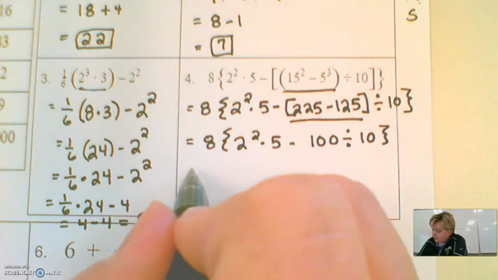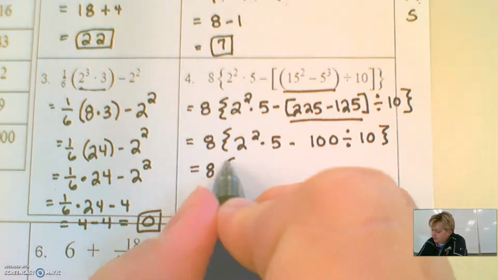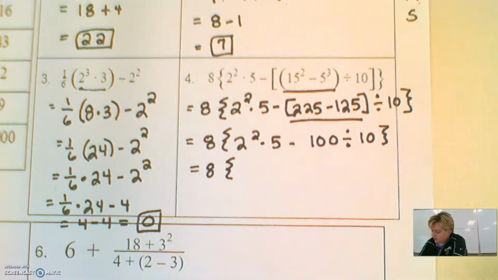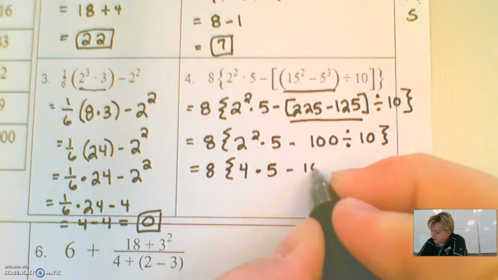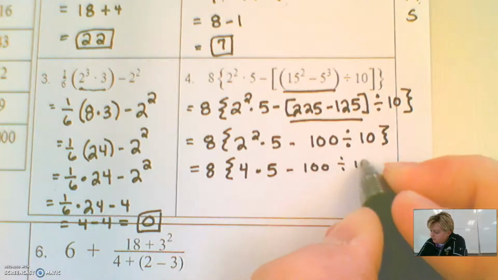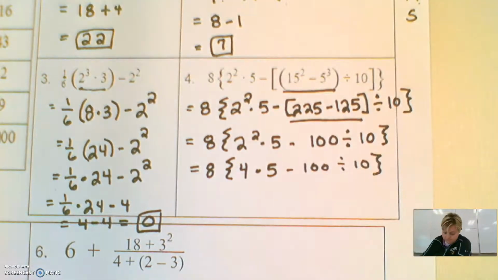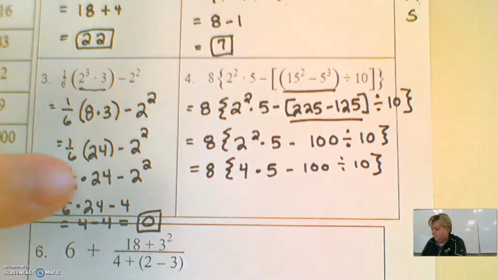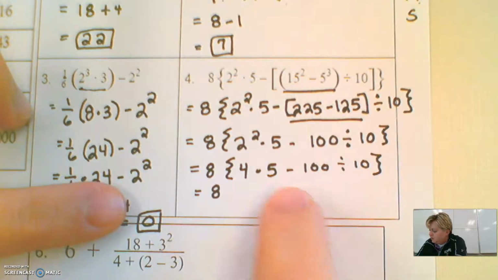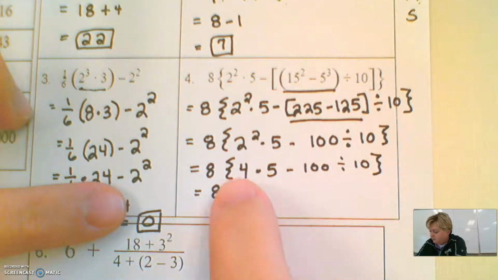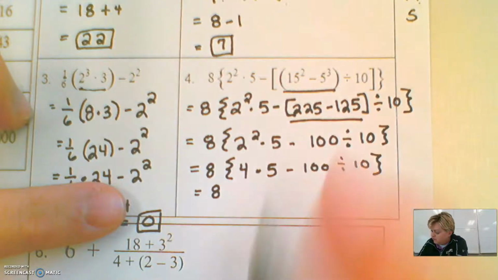All right, we have exponents next. 2 squared is 4. Everything else is just going to come straight down. Multiplication, subtraction, or division. You go left to right with multiplying and dividing. So 4 times 5 is 20.